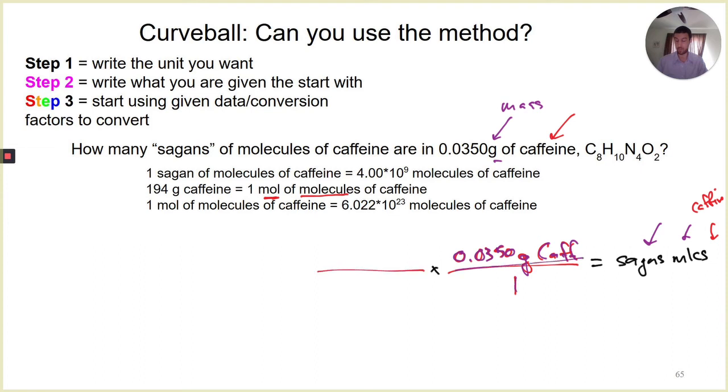Well, I don't want grams of caffeine. I want Sagans of molecules. Is there a conversion factor explicitly stated that relates Sagans of molecules and grams? I see Sagans of molecules being tied to molecules, so nope, that doesn't work.